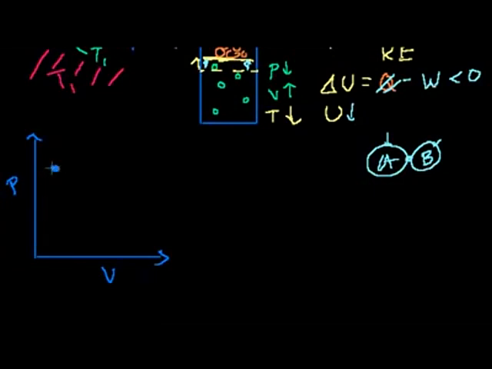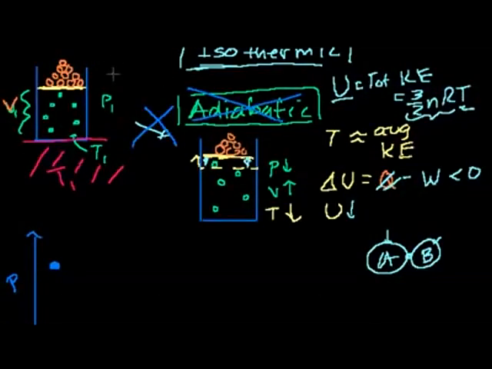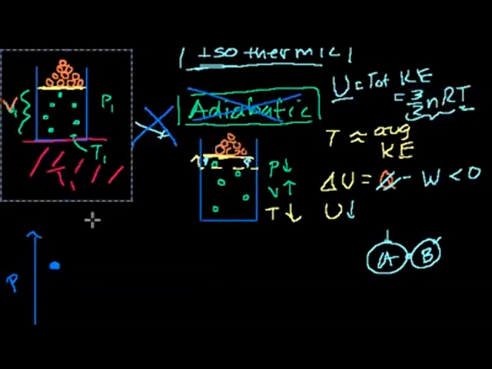So this is my starting point right here. And what I'm saying is, if I'm doing an isothermic process, I just keep removing these pebbles. So I start at this state right here. And let me copy and paste it since I've done so much art already.